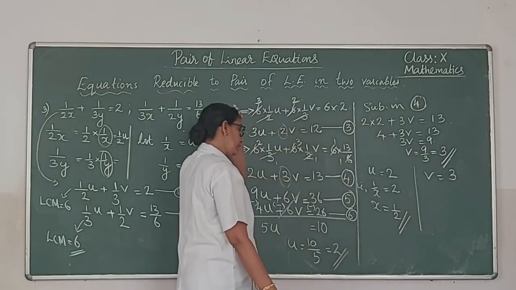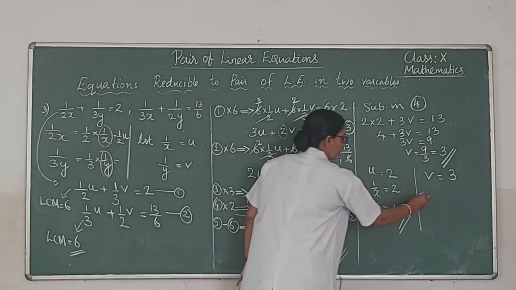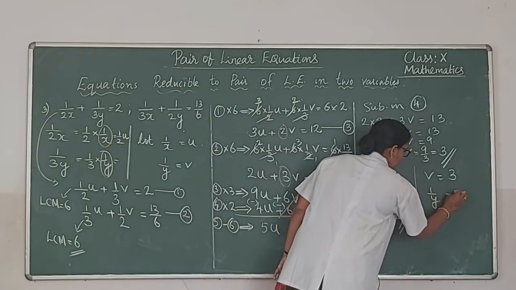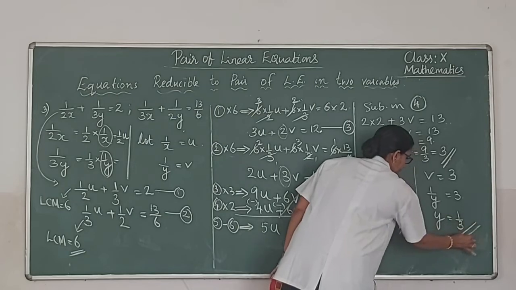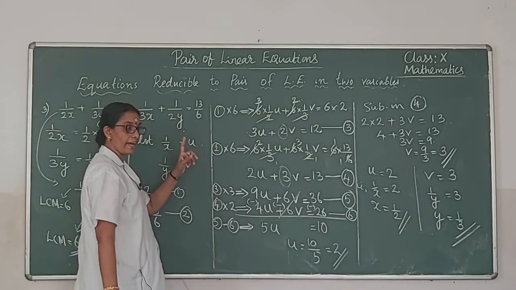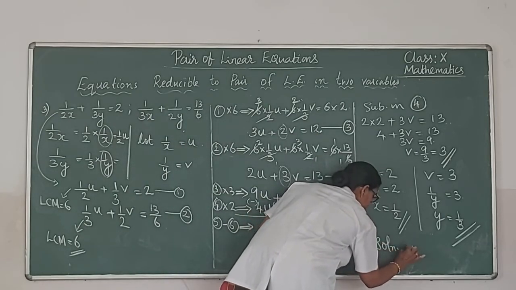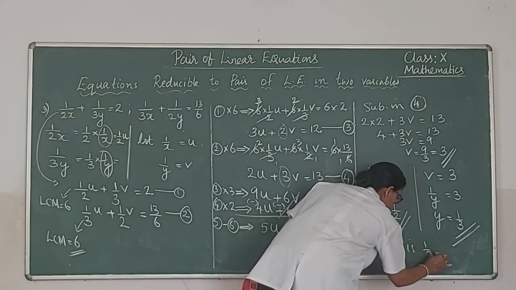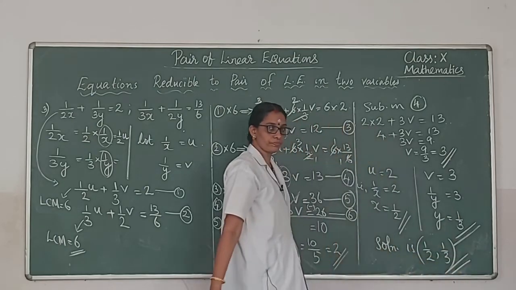What is our v? v is 1 by y. So 1 by y is equal to 3. So y is equal to 1 by 3. So we got the values of x and y. So the solution is 1 by 2, 1 by 3. Okay, children.